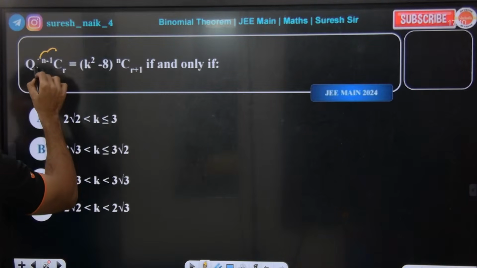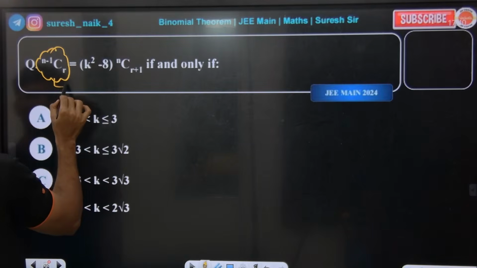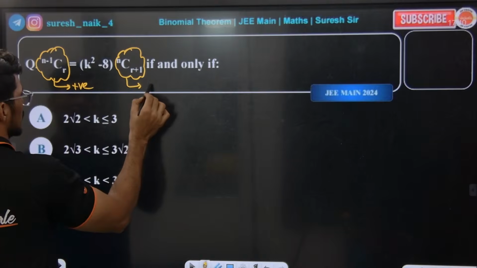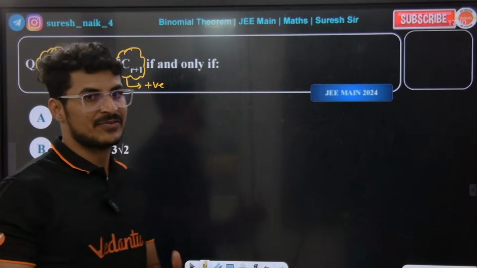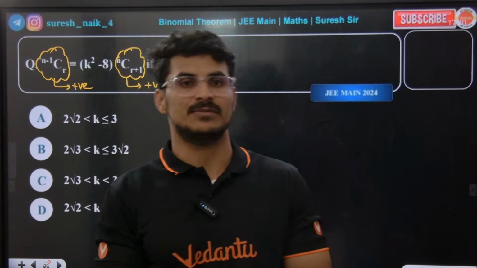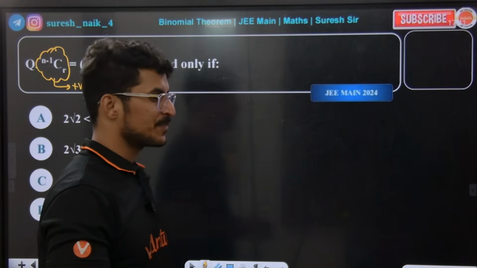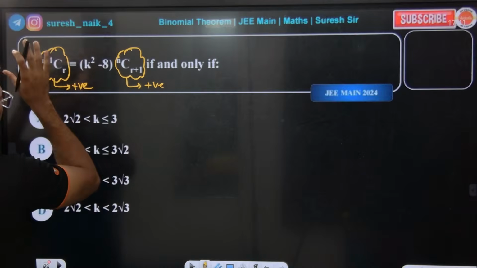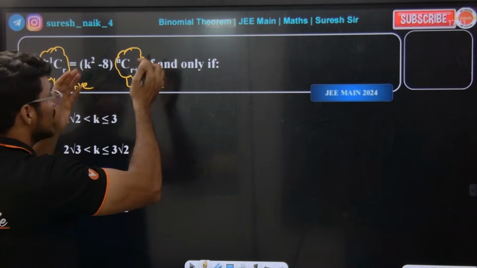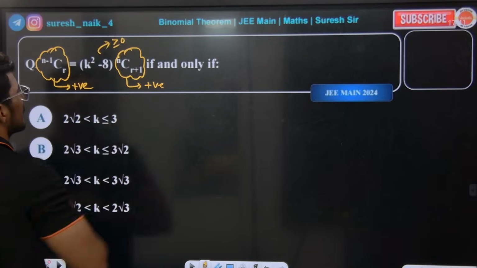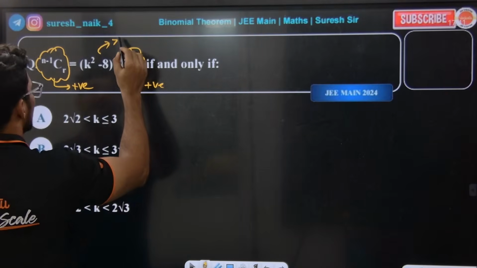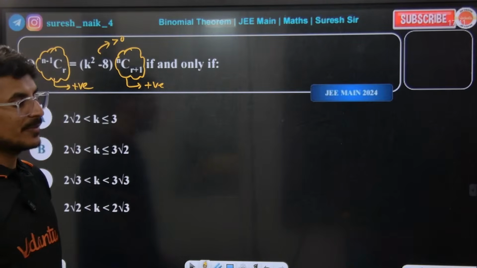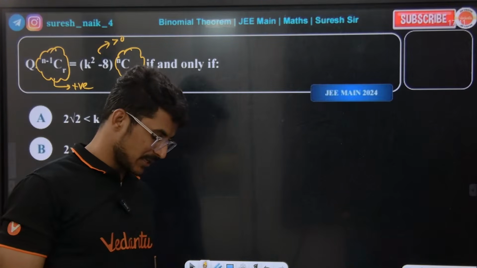I know that this is always positive here. This is also going to be positive. After applying the NCR formula, the answer will always be a positive term, it will never be negative. Certainly this is always positive. So the left side is positive, and for the right side to be positive, this should definitely be positive. Yes or no? Certainly this should be greater than 0. Are you all clear with this? Are you clear? Please respond in the chat box.